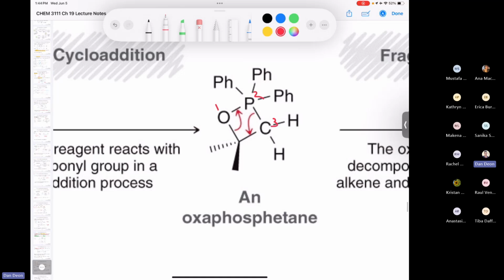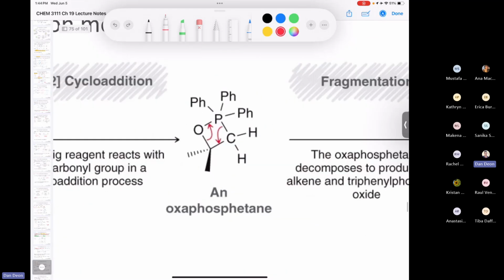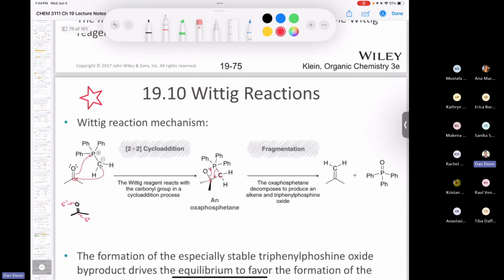1, 2, 3, 4, this tiny little ring that we call an oxaphosphatane, okay, an oxaphosphatane. And when the oxaphosphatane breaks, you see we make a double bond between this carbon and this carbon, and then we make a double bond between the phosphorus and the oxygen.